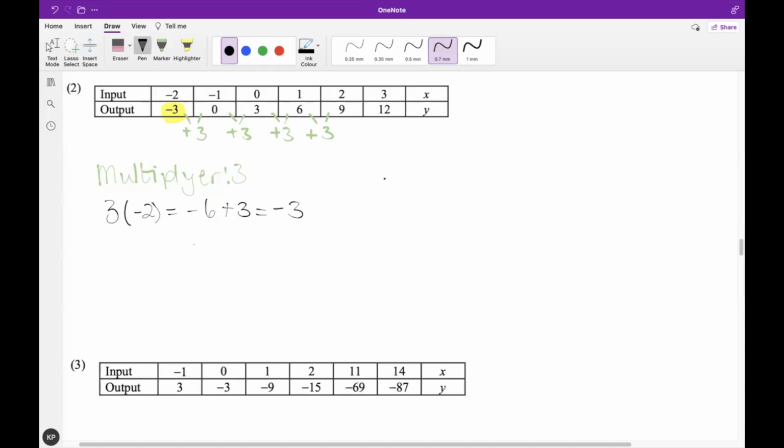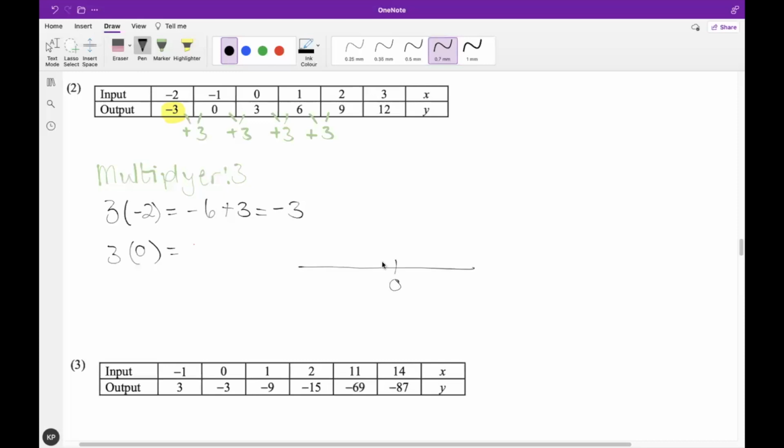Okay. Let's check it with one more. 3 times, I'm going to go with 0. What's 3 times 0? Someone said, wait, how? Pamandla? Think of the number line. Okay, I'm very bad at drawing, but think of the number line.